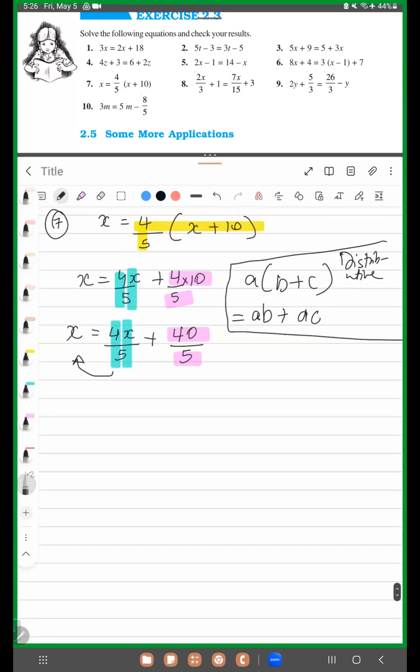Bacha, you can cancel it. Okay, fine. Cancel कर लीजिए, no problem. 5 8s are 40. ठीक है? तो नीचे डिनोमिनेटर में 1 बच गया और ऊपर 8 है.